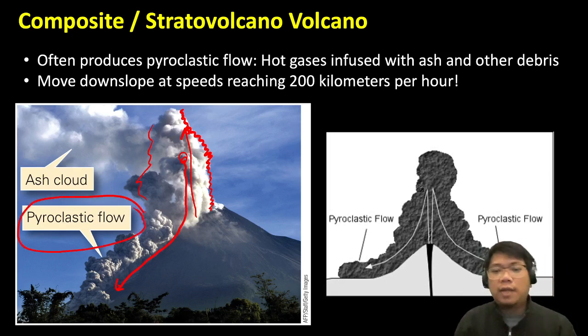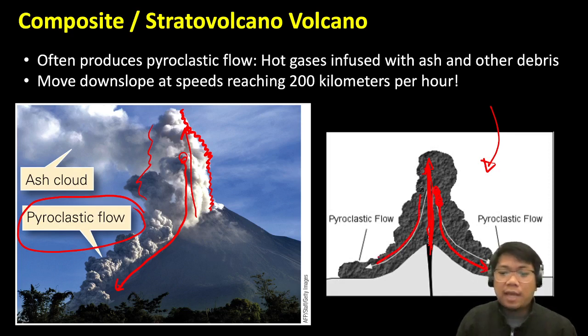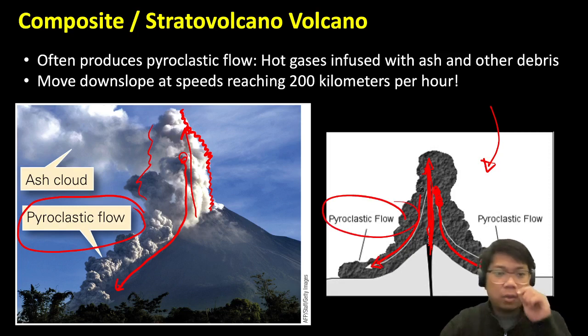Again, here is another illustration on the right side: violent eruptions produce lots of ash and steam. Pyroclastic material goes up towards the sky, and then the dense, heavy materials will start to collapse and flow along the flank of the volcano, and this is what we call pyroclastic flow.